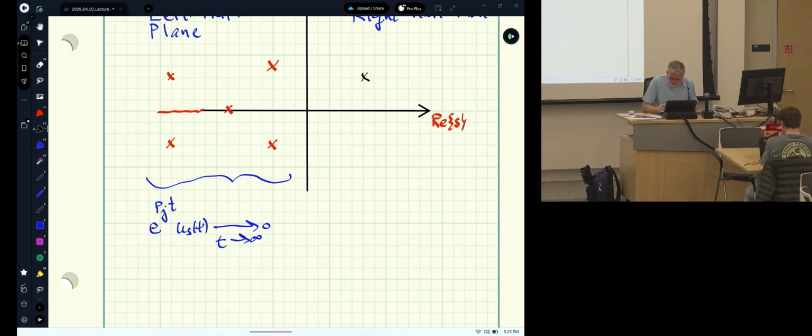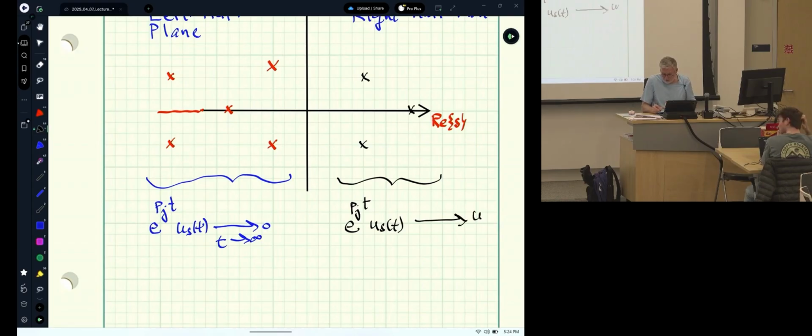Whereas anything sitting over here, which we could have, e to the pjt, unit step of t, goes unbounded as t goes to infinity.